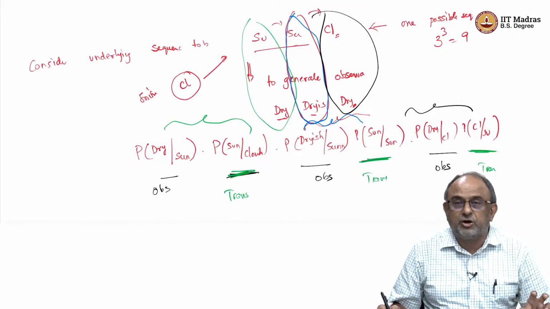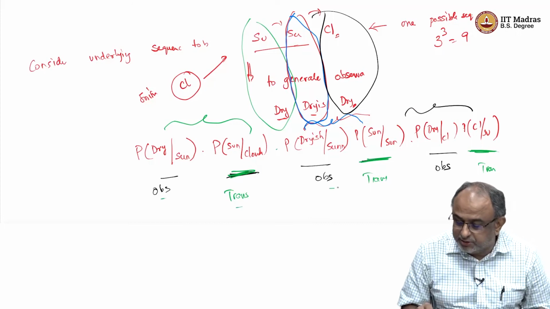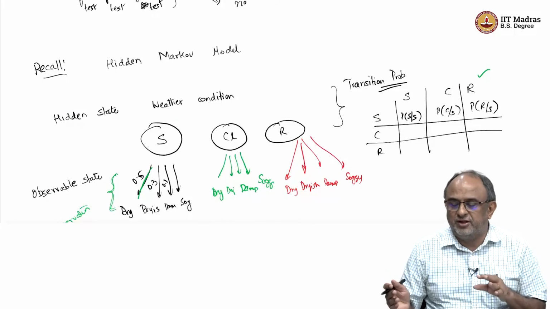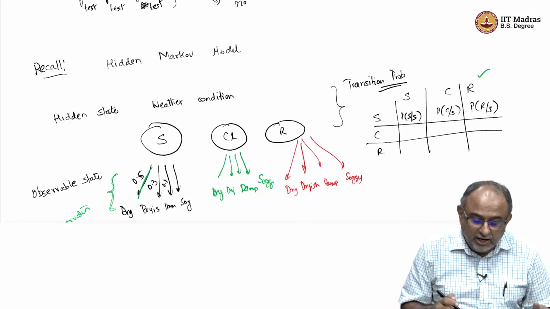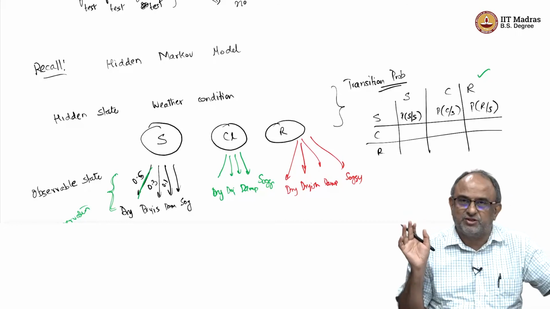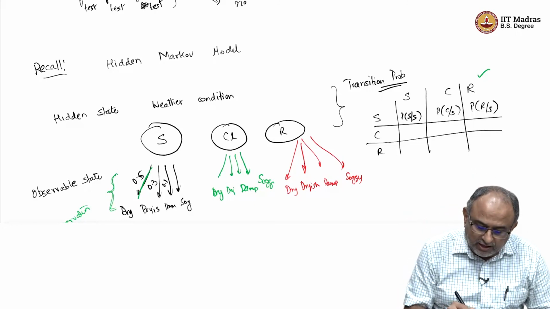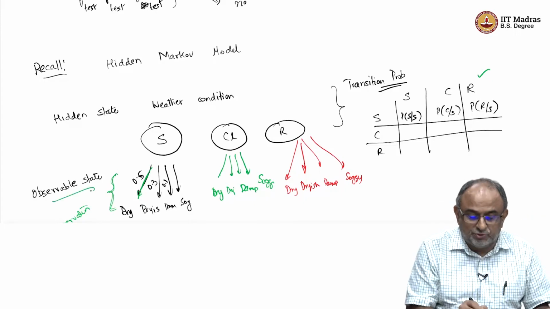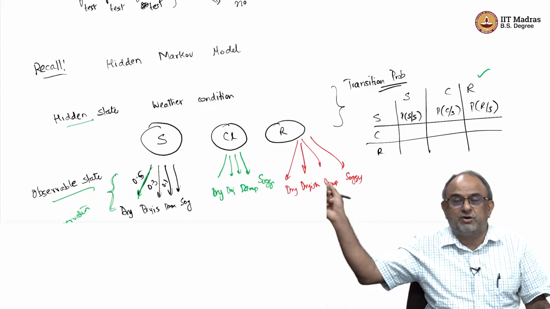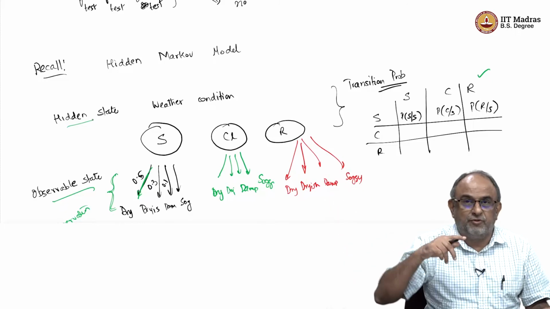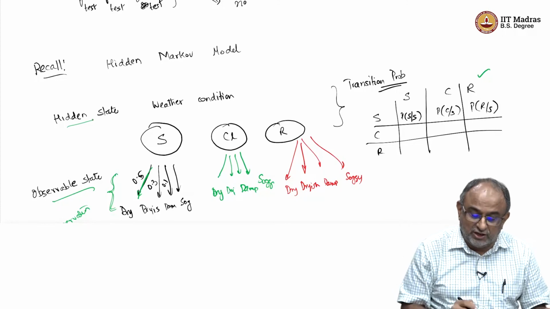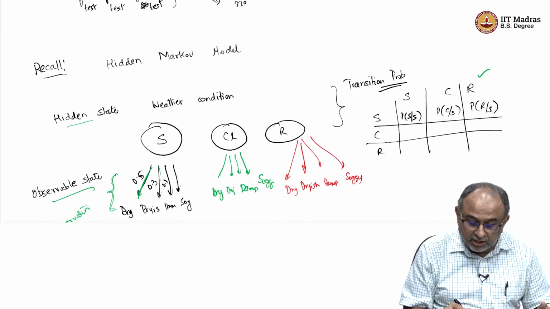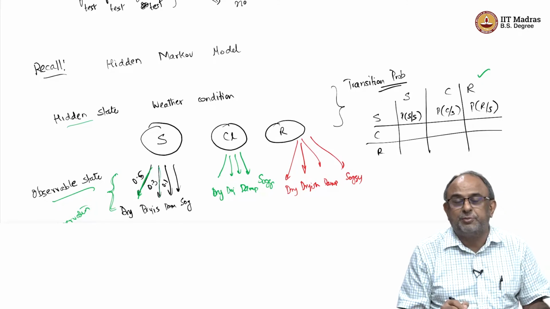So, that I have observed for so many years and I have come up with this conclusion, right. So, remember that we are talking about these observation probabilities and transition probabilities. Transition is how often sunny follows sunny historically, and observation is, given that I know the outside weather is sunny, how often was the grass in a given state, which I can observe. The only thing I can observe is the grass, right. That is why it is observable. What is hidden is that I do not know the actual outside weather, right. But historically somebody told me that whenever outside was sunny, I noticed that 50% of the time it is dryish, 30% of the time dry, and so on.